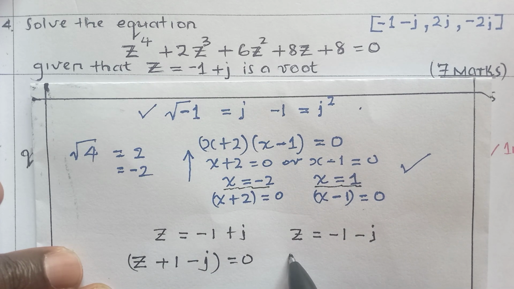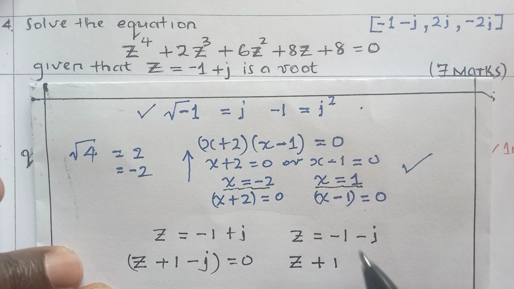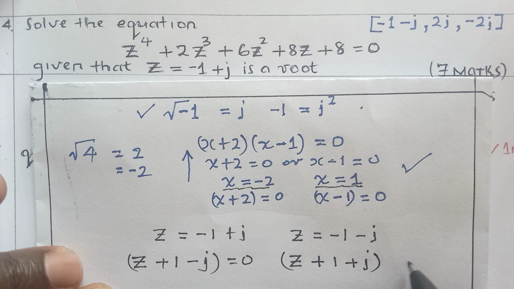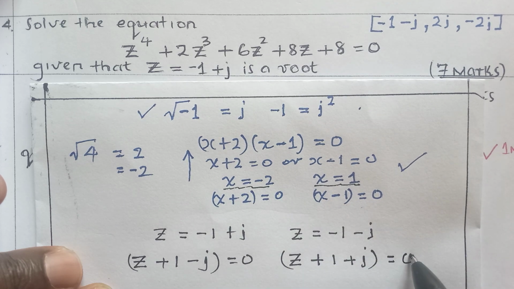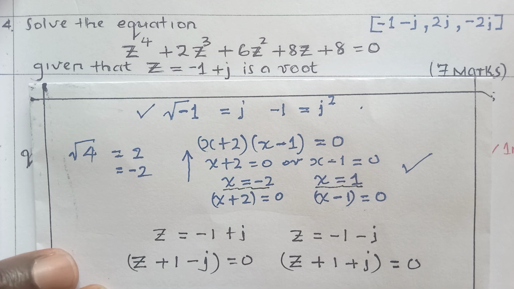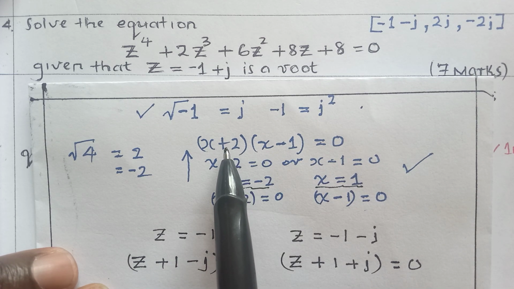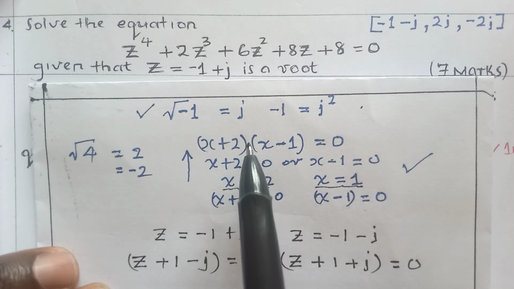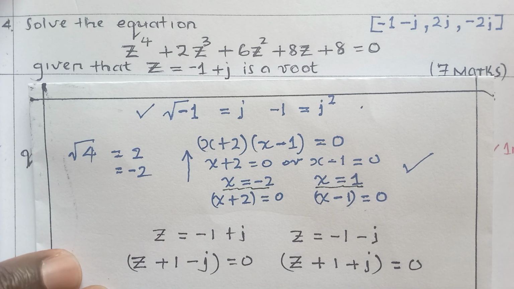And the same here: z plus 1 plus j is also another factor, which is supposed to give 0. But now, guys, when we multiply these two, it's just like if we were to multiply x plus 2 and x minus 1, we get our quadratic equation. So we shall do the same.